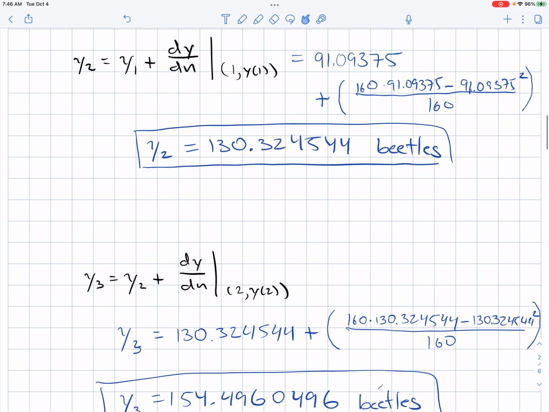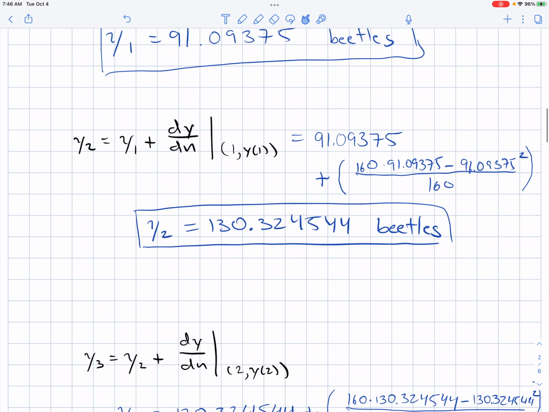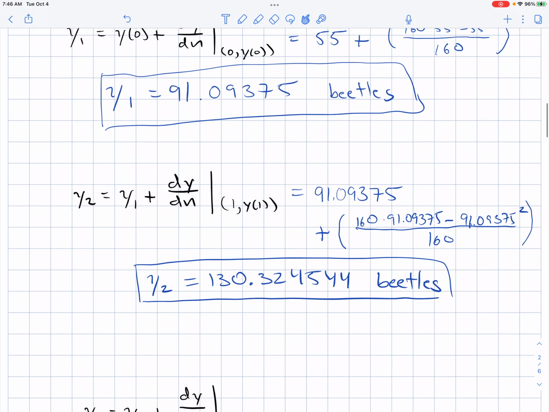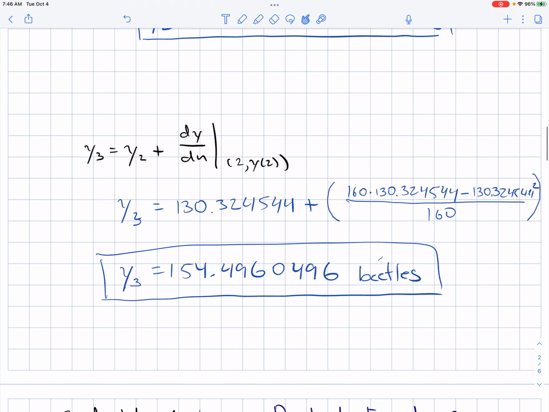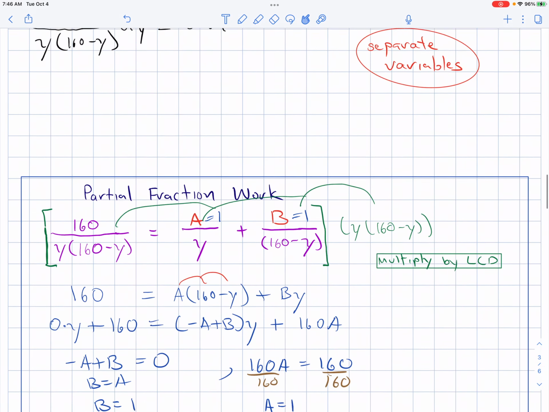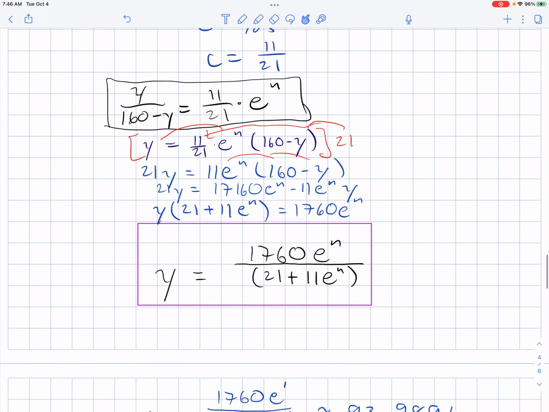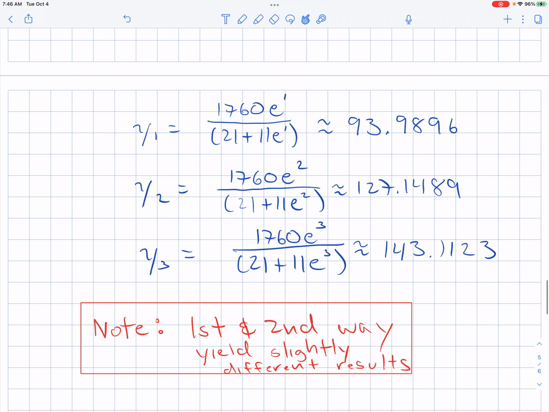We were using the previous values and the rate of the previous value to get the next value. So you're going to be off by a little bit. Whereas using the partial fractions with separation of variables, we're getting the exact answers. So I will leave it up to you to decide which way you think would be the better way. And that was it for this video.